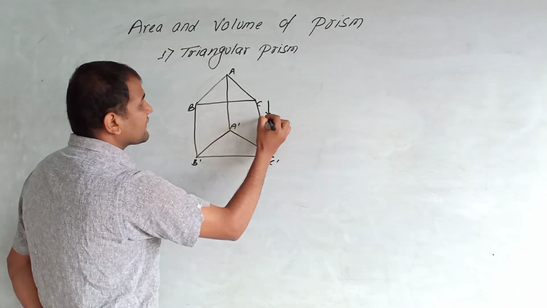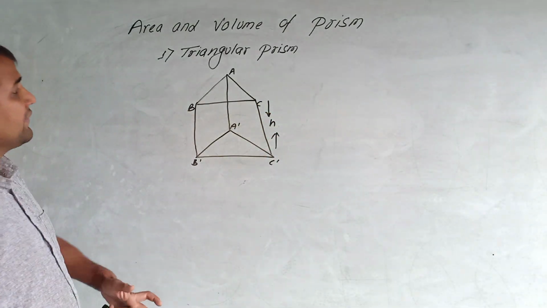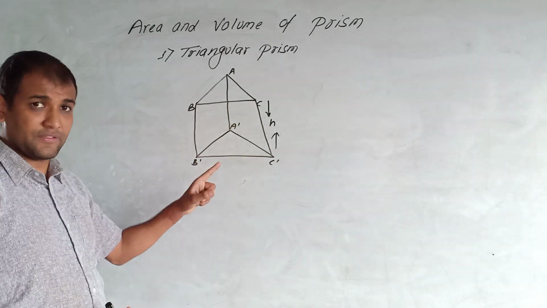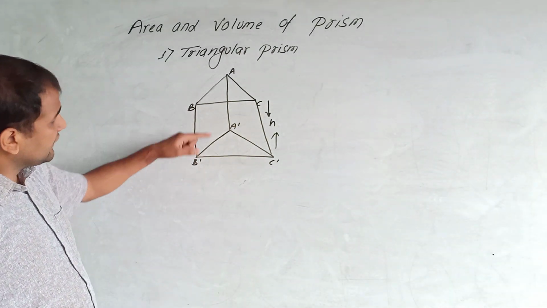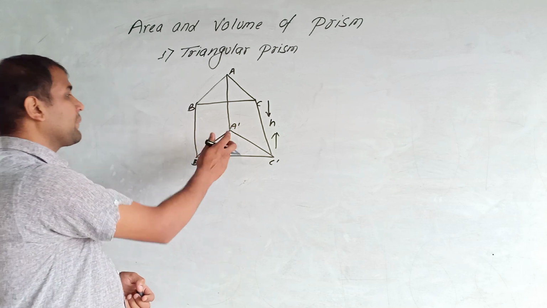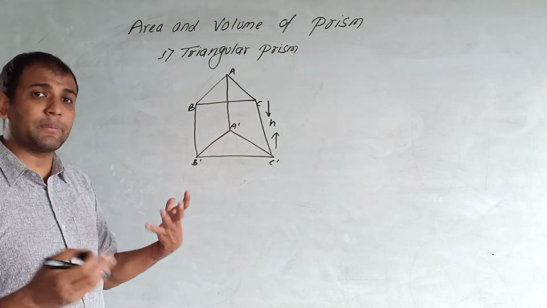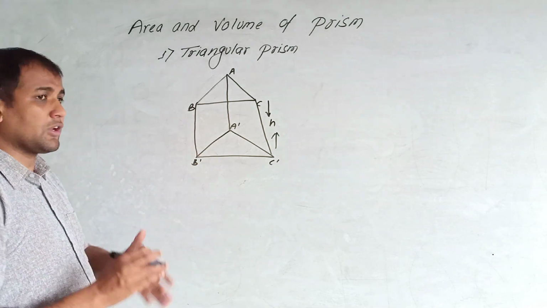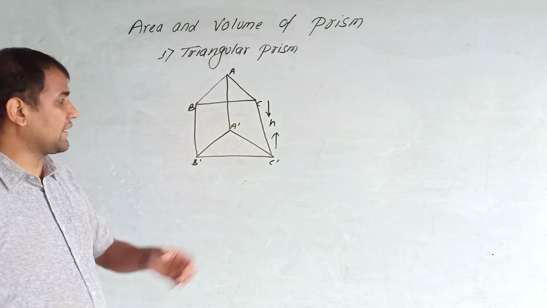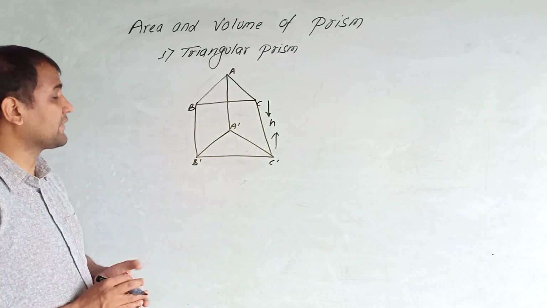This is the height or length of the prism and this is the triangular base. Sometimes this may be a scalene triangle, sometimes an equilateral triangle having all sides equal, sometimes an isosceles triangle, sometimes a general triangle, and sometimes a right angle triangle. What type of triangle is this?